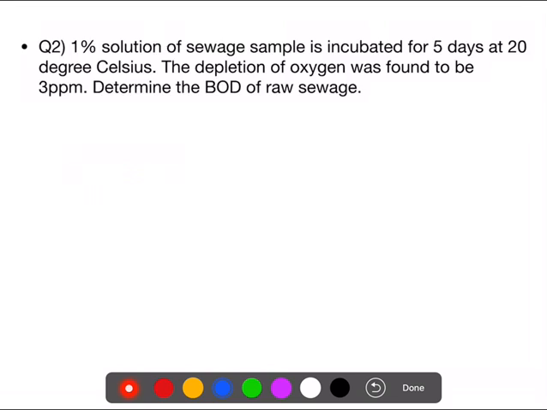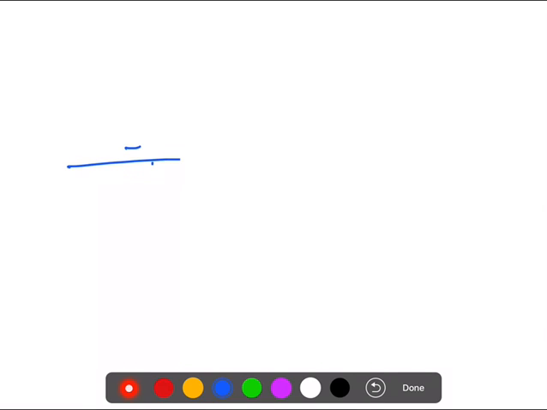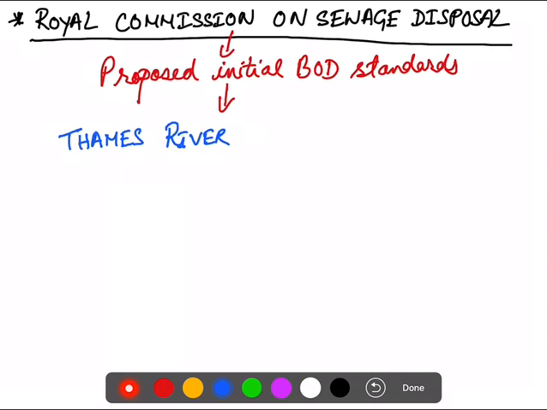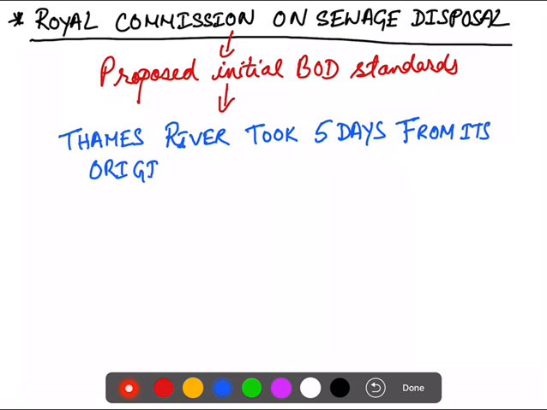Okay, so the Thames River took 5 days from its origin to join the sea.